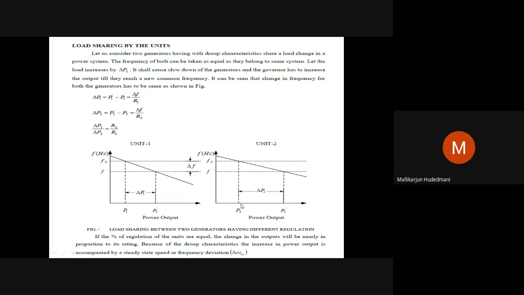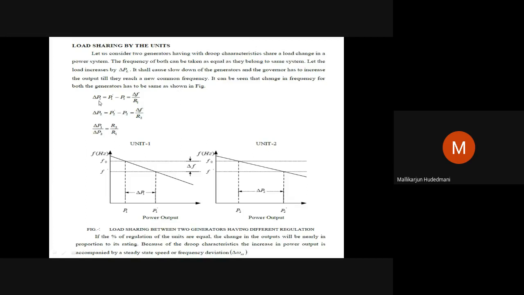Similarly, on machine number 2, P2 was the operating point, the megawatt it was developing earlier. Suddenly a shift of demand delta PL raises the value of P2 by delta P2. P2 plus delta P2 becomes P2 dash. Then what is the share of delta P1 and delta P2 with which I can calculate P1 dash and P2 dash?